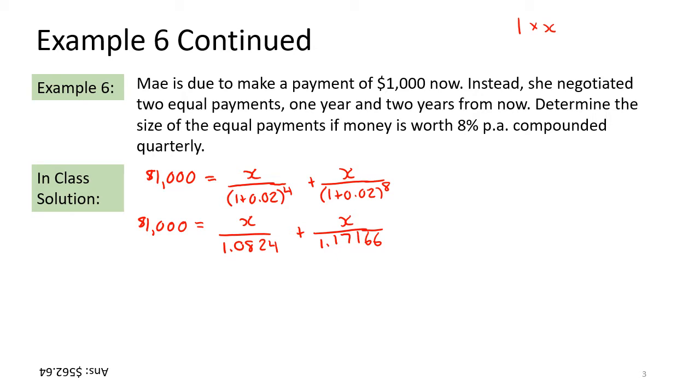So since this is the same as 1 times x, I can actually solve for that fraction. So in the next part of my equation, I'll have $1,000, and that's equal to, first one, the fraction 1 divided by 1.0824, and we get 0.9239 multiplied by x, right? All I've done is solve for that fraction, the 1 divided by 1.0824, okay?